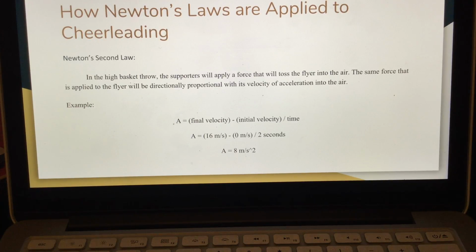And then divided by time, we use 2 seconds, because this is how long it took the supporters to throw her into the air. So 16 meters per second minus 0 meters per second is 16, and then 16 meters per second divided by 2 seconds gives her an acceleration of 8 meters per second squared.